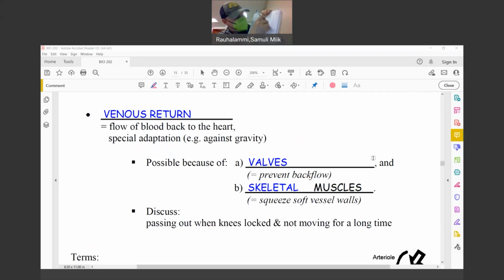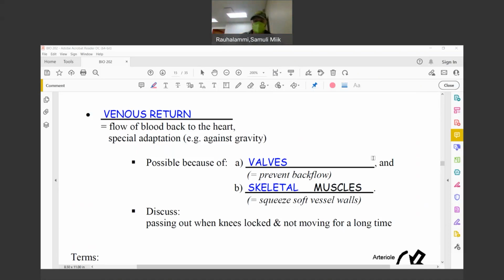So the function of the valves, similarly to what we see at the heart, was to prevent the blood from flowing backwards. So having these valves made sure that as we are squeezing the veins, blood is moving upwards against the gravity. It cannot return back to the direction where we don't want it to go.